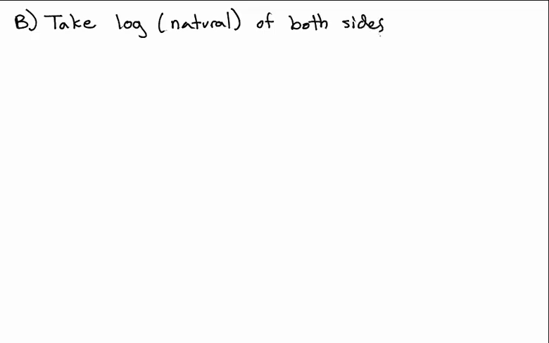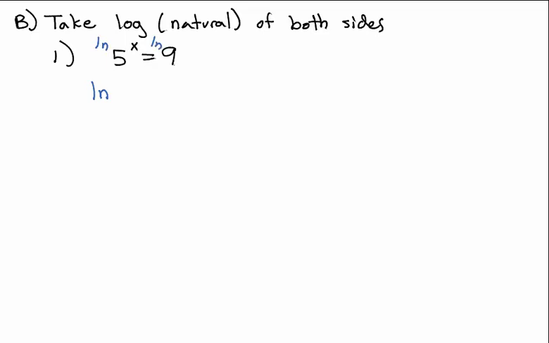And the way we solve them is we are going to take the log, preferably the natural log, of both sides. So for example, if we want to know 5 to what power equals 9, we're going to take a natural log of both sides.